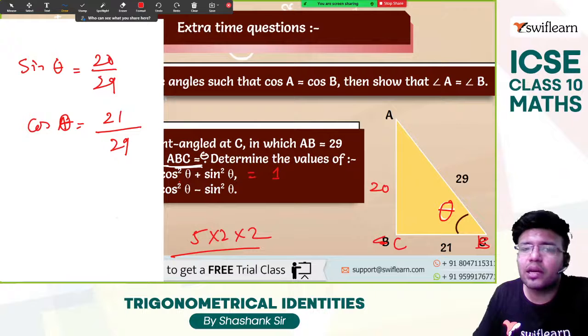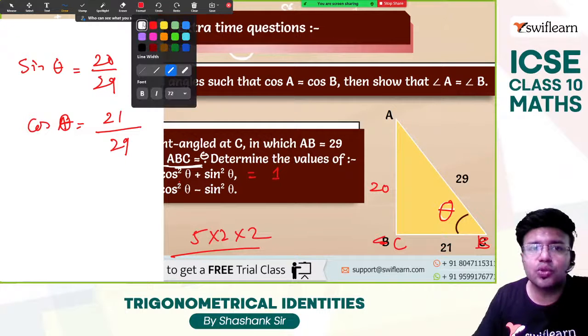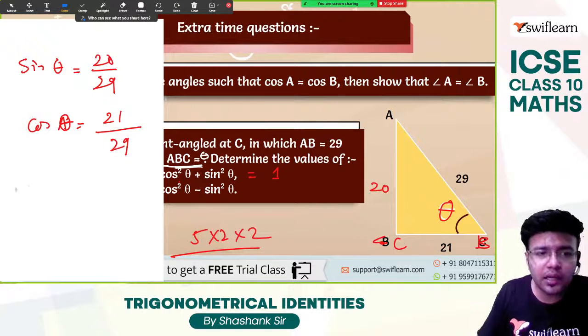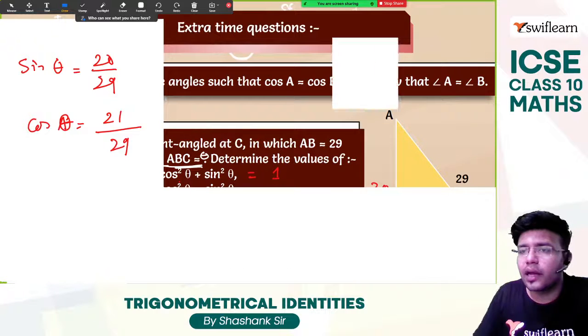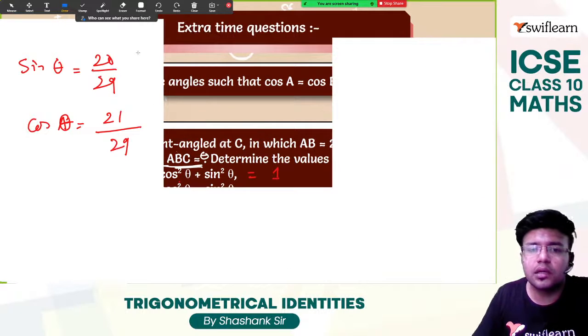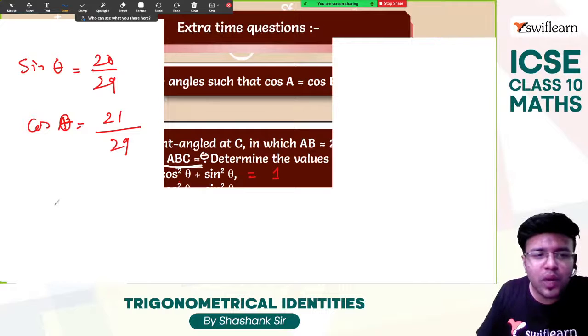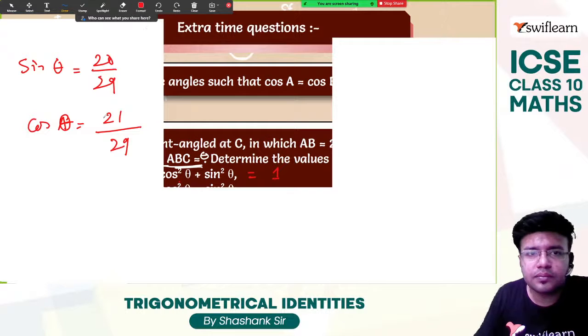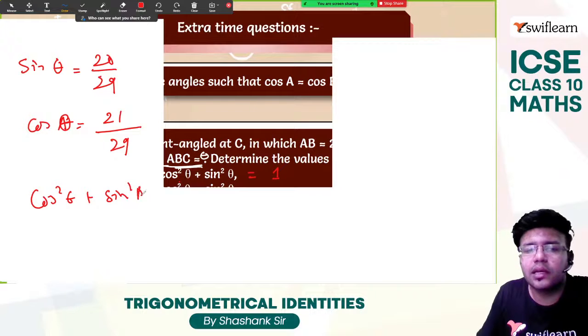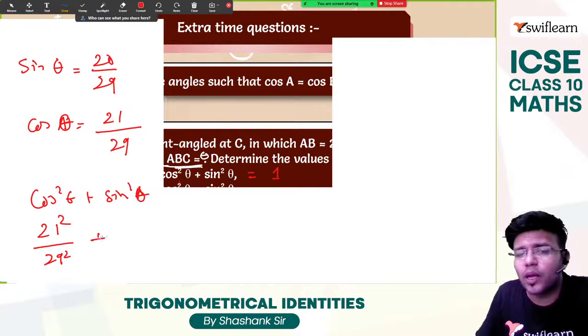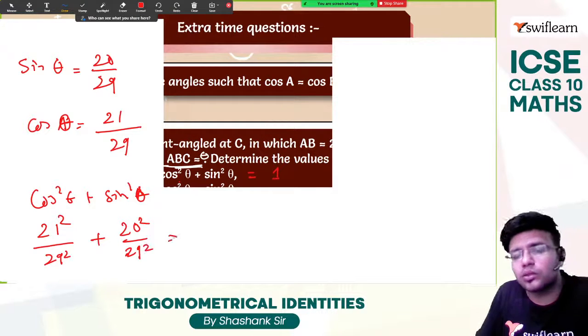Find cos square theta plus sine square theta. Let's find this. The diagram is not needed now. Cos square theta plus sine square theta: cos square theta is 21 square by 29 square plus sine square theta 20 square by 29 square.